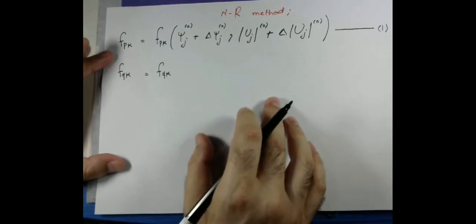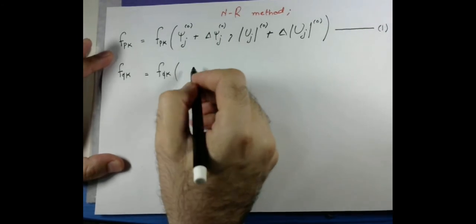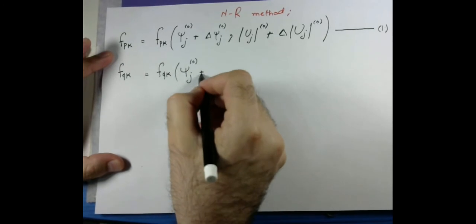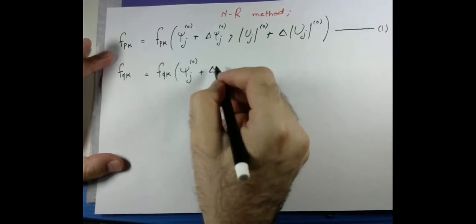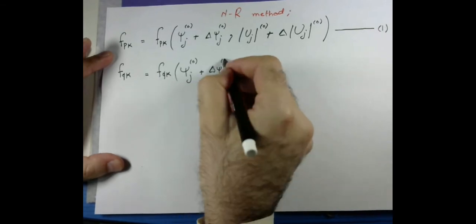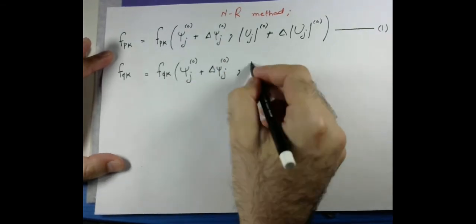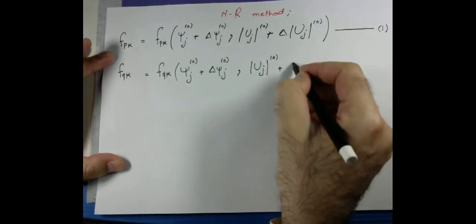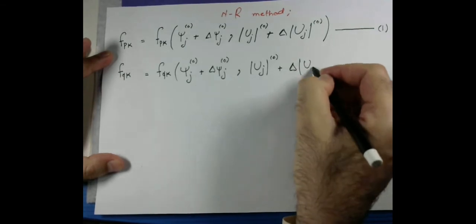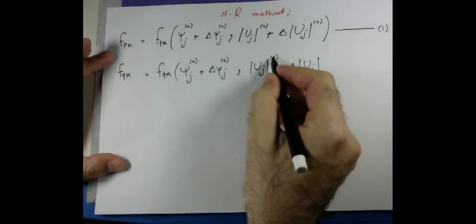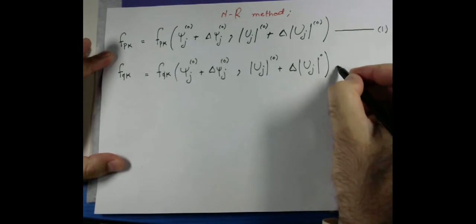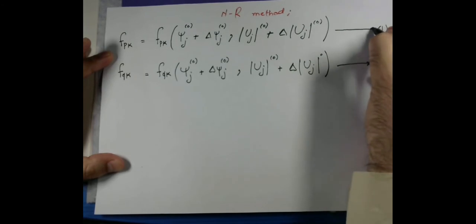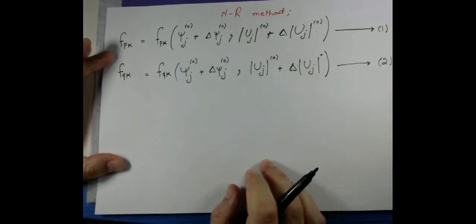Once again, plus the error, psi j0, and the magnitude of the voltage, the first guess, and the error in this particular guess. So we call it equation number 2. So let's call them equation 1 and equation 2.